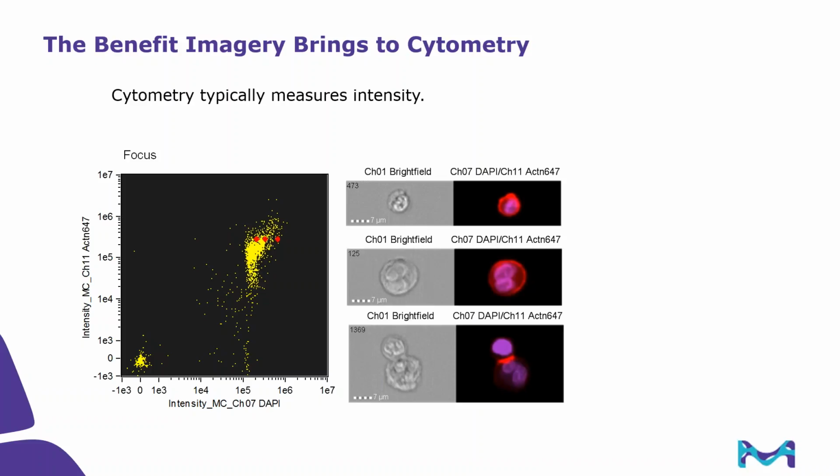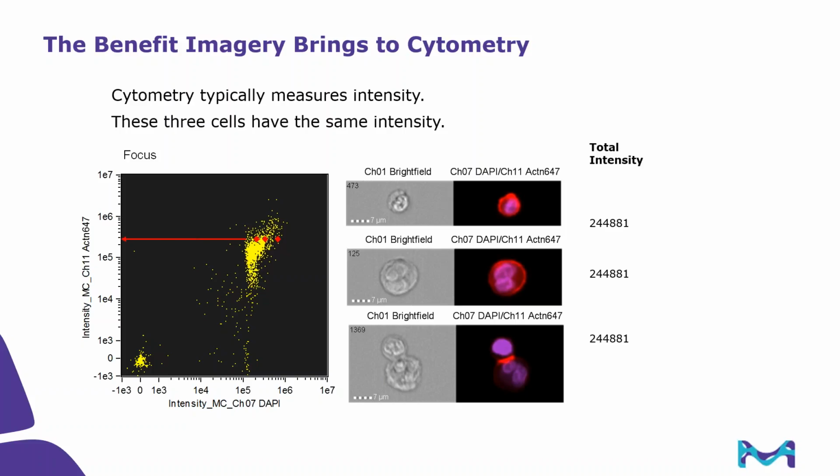So by clicking through three individual images, you can see that all of these cells have exactly the same total fluorescence intensity. So by flow cytometry, all three of these cells would be located in a single population. So we would draw a region and say all of these guys have 244,000 counts of Alexa Fluor 647 intensity.